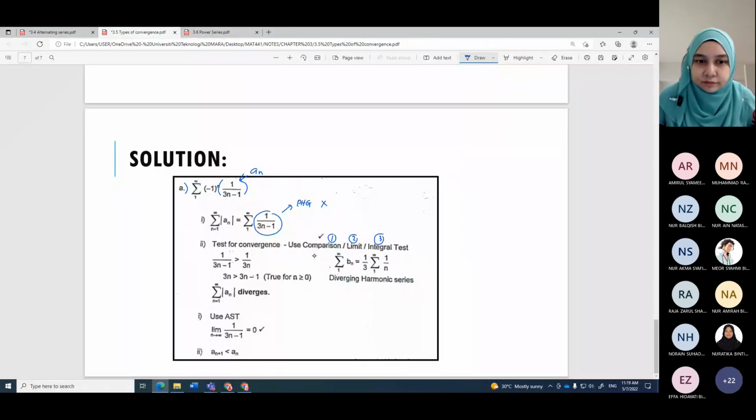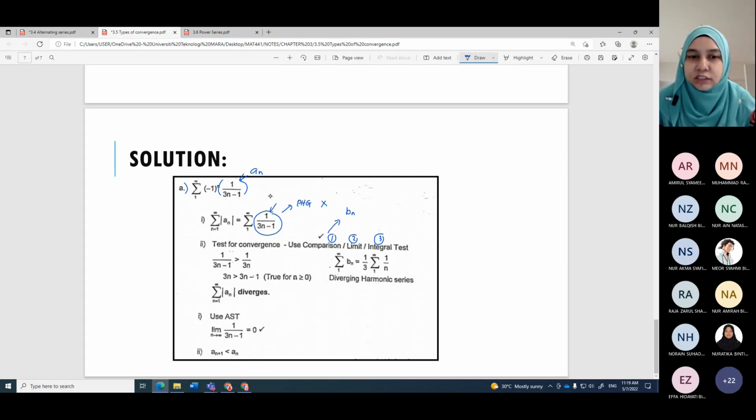Okay, so untuk comparison test, you all perlu tahu Bn kan. Kalau tengok dalam 3.3 tu ada yang notes yang bawah sekali saya ada bagi table Bn. How to find the Bn. So Bn is simplest function for An.